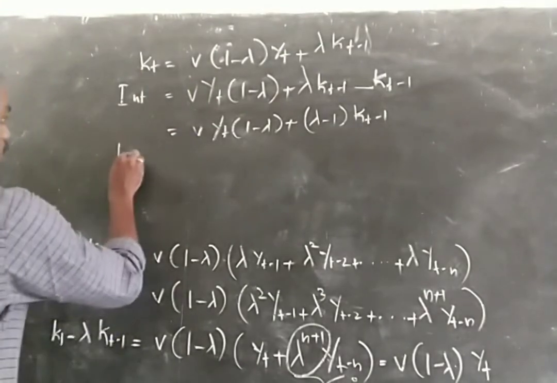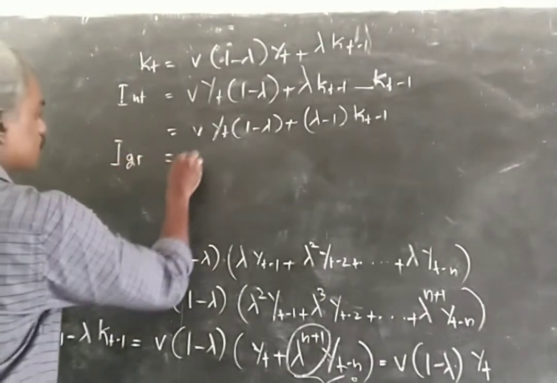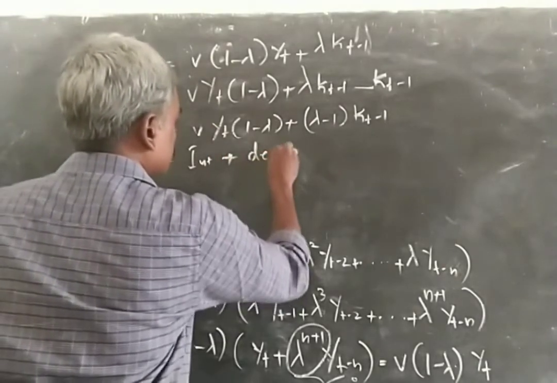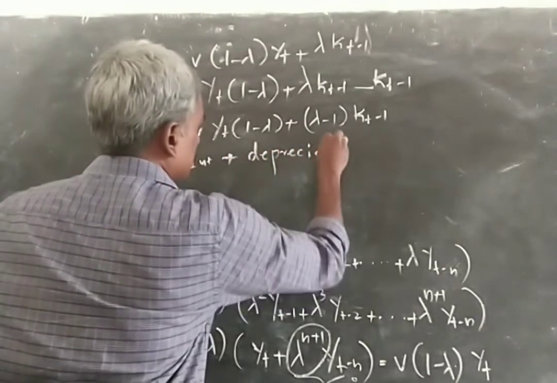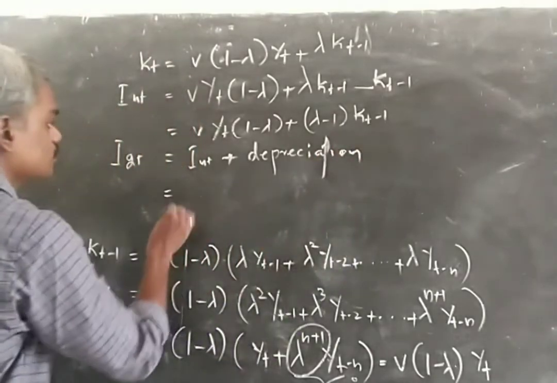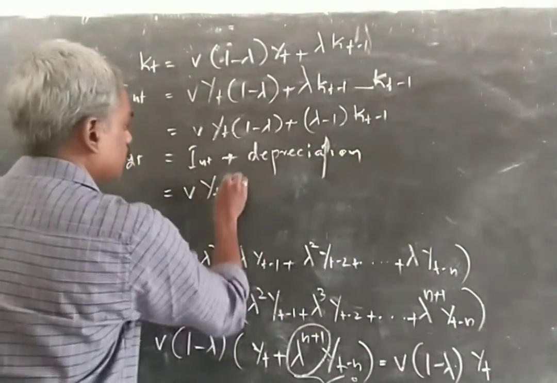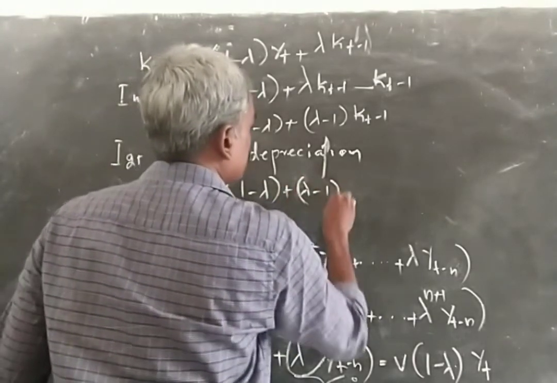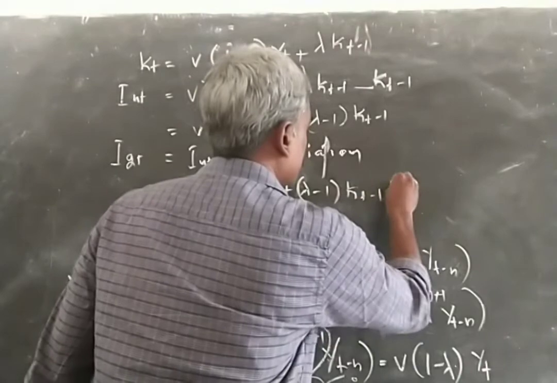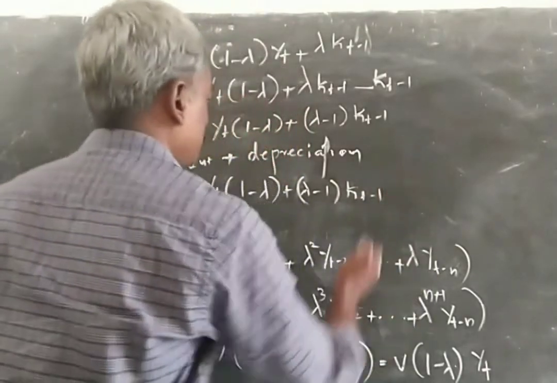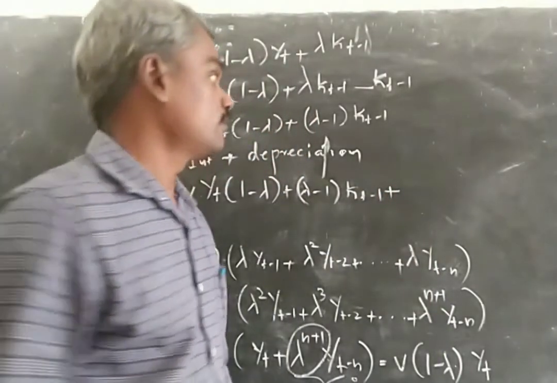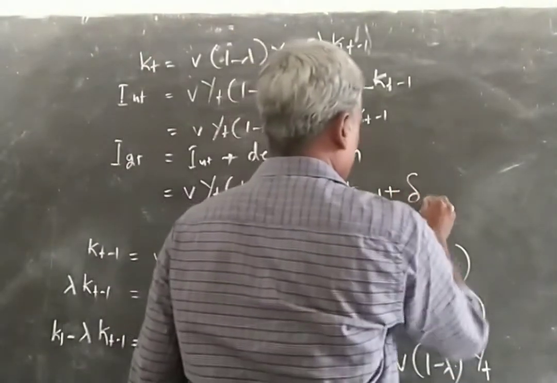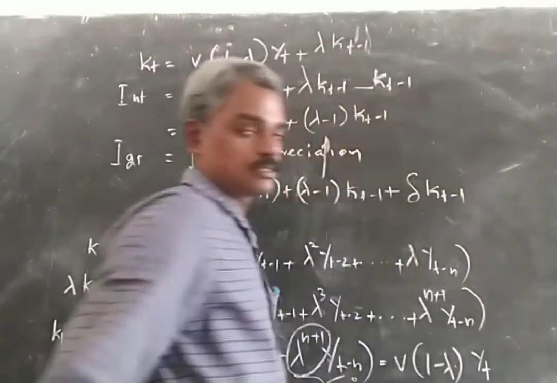Now gross investment is equal to net investment plus depreciation. Net investment is nu into Yt into 1 minus lambda plus lambda minus 1 into Kt minus 1. Plus depreciation, we give delta as the coefficient for depreciation. So depreciation can be written as delta Kt minus 1.